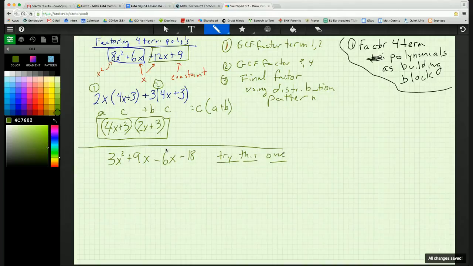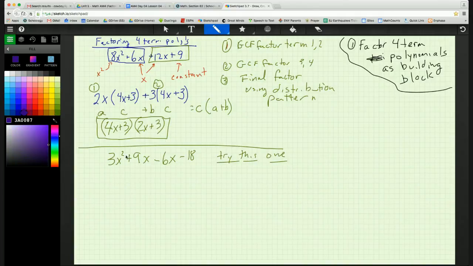And when you do it on this one, take out a -6. Don't take out the positive, take out the negative. You should always try and take out a negative if you can on the second term. So take a break, try this procedure, and then see what you come up with.